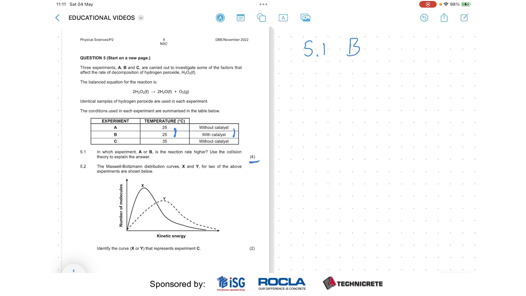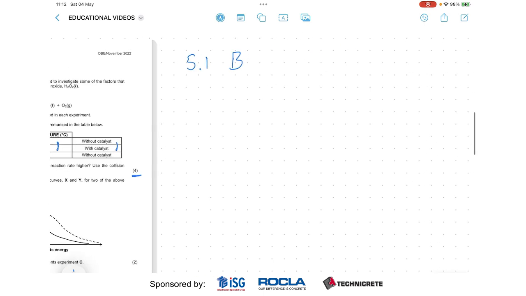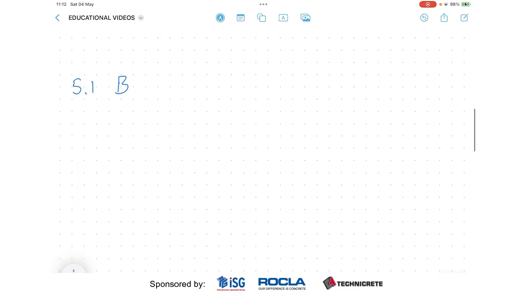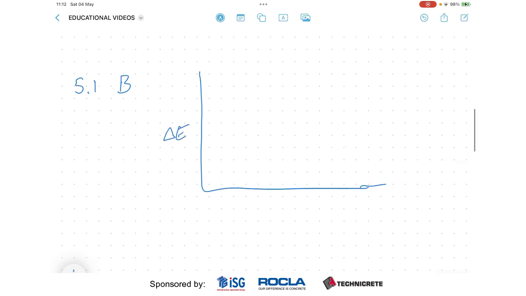Okay, but this question is out of 4 marks, and they want us to use collision theory to explain why a catalyst increases the rate of reaction. So there's a couple of key points to notice here. The first is understanding how a catalyst works. So if we draw an energy diagram, and we have energy, I'll just say delta E, and the x-axis is as the reaction proceeds. What we have is the starting energy of our reactants.